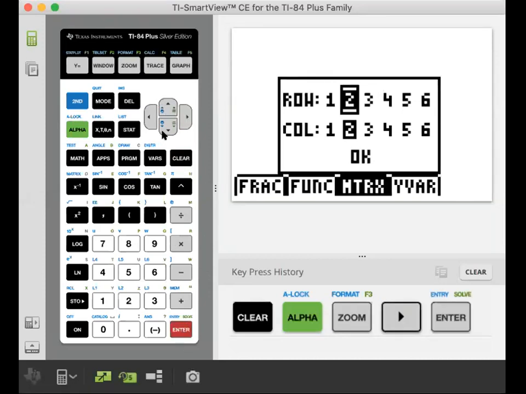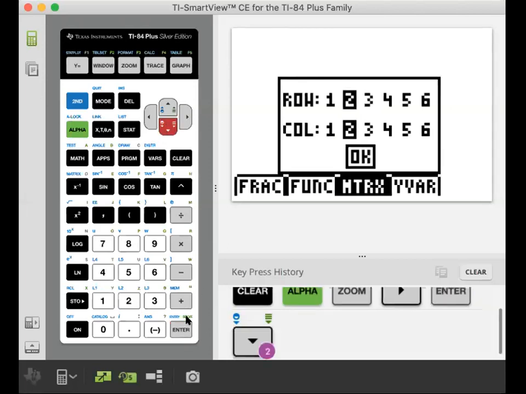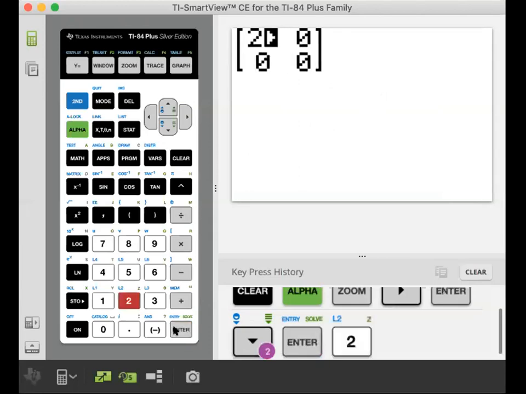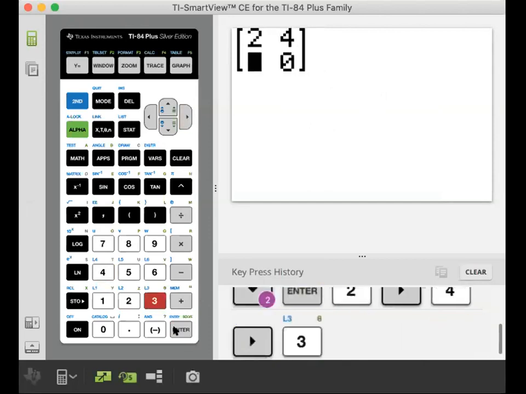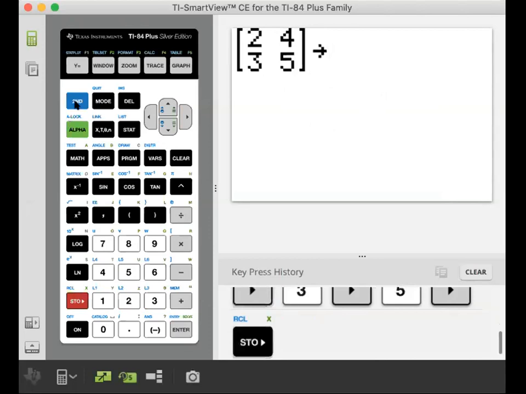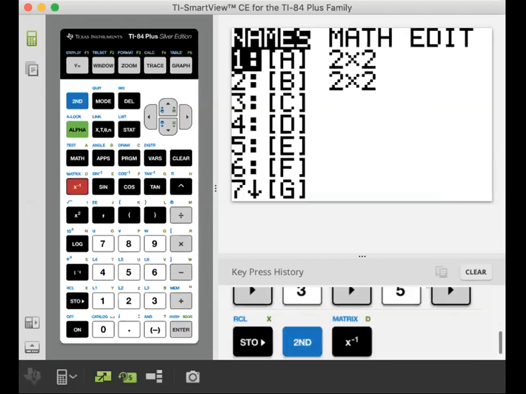If you have an old TI-83 or an old operating system, you may not have this as an option. But the numbers were 2, 4, 3, 5. I'm going to go ahead and store that into second matrix A.